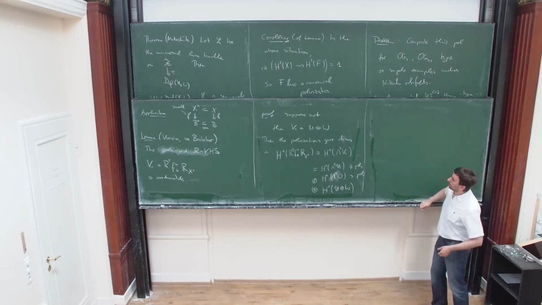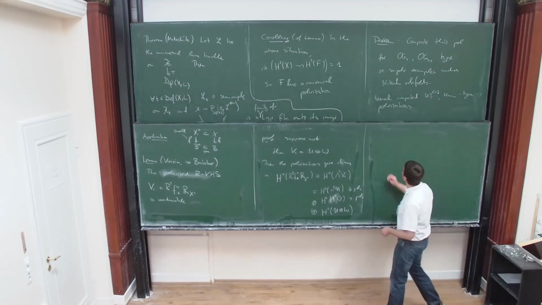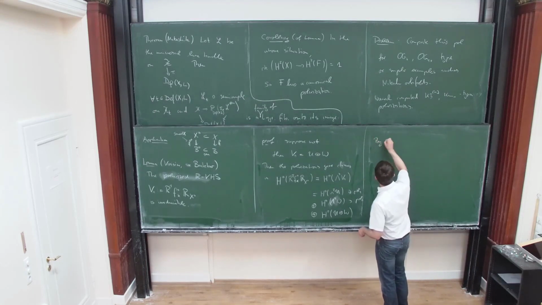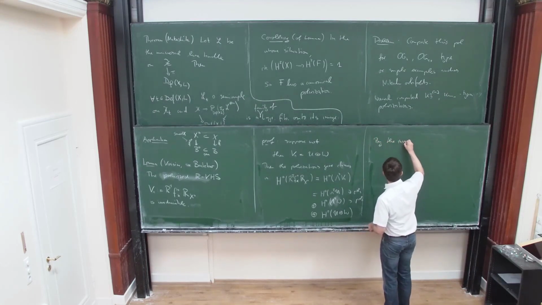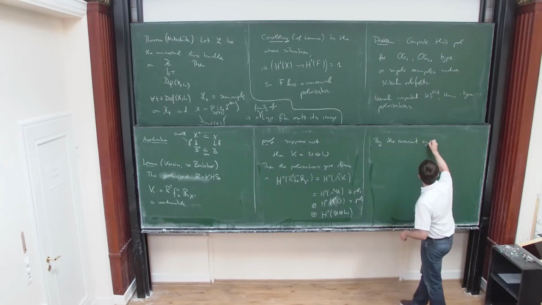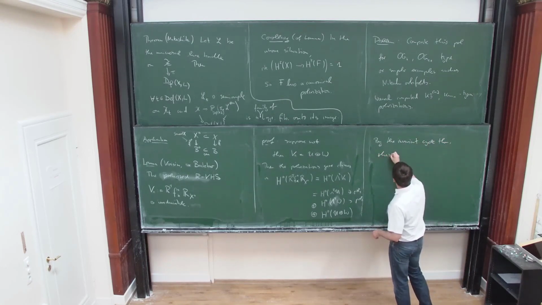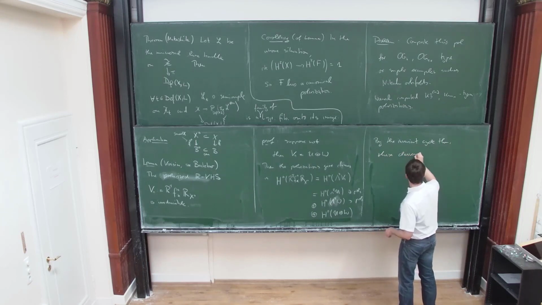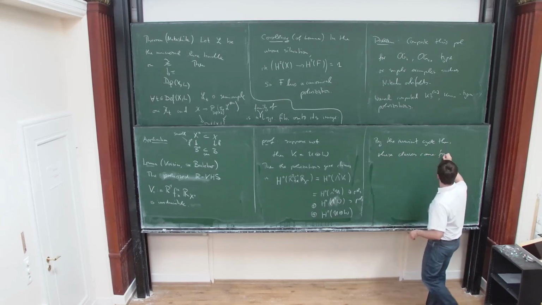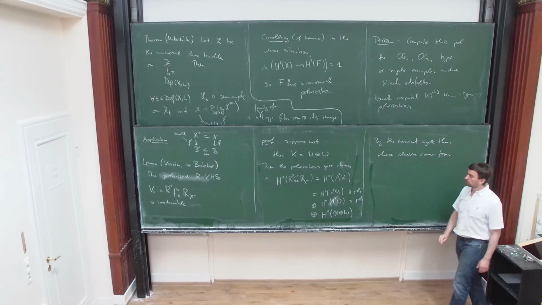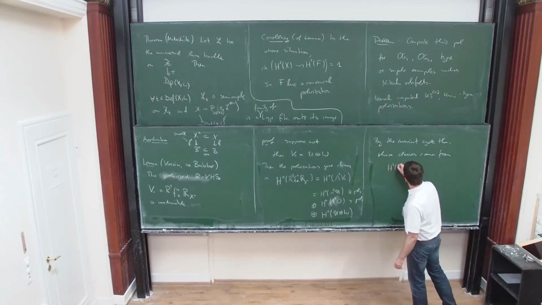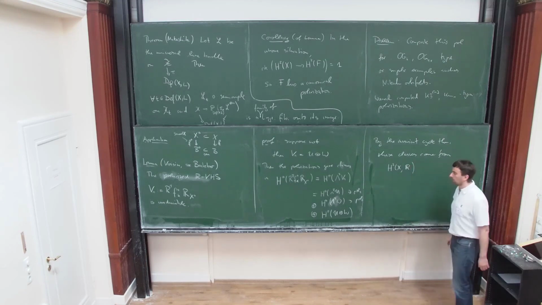But now, by the invariant cycle theorem, these classes come from the cohomology of the total space, from H^2(X, R).